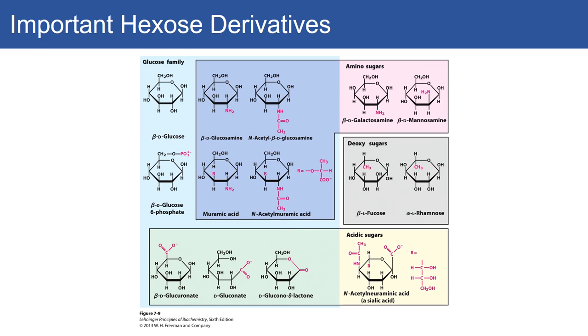We also have hexose derivatives. A lot of these have different additional functional groups. You see these in red or pink in this molecule. We have amino sugars that have amine groups on them. We have deoxy sugars. Obviously, that's important for DNA. We have acidic sugars. Some of you or your parents may take some of these, glucosamine, gluconate and all these others that have different functional groups.